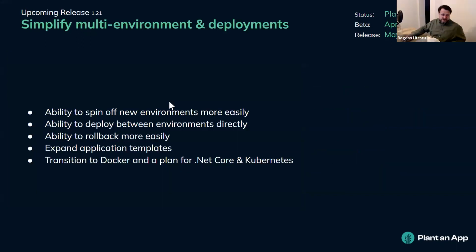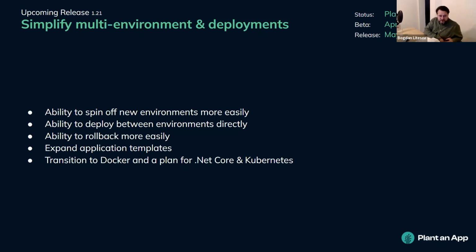And just to give you a perspective on what's coming, the following release, 1.21, which will go out end of April, beginning of May. We are investing a lot now in simplifying the multi-environment and deployments feature in Plantanet. That means a couple of angles we are looking at.